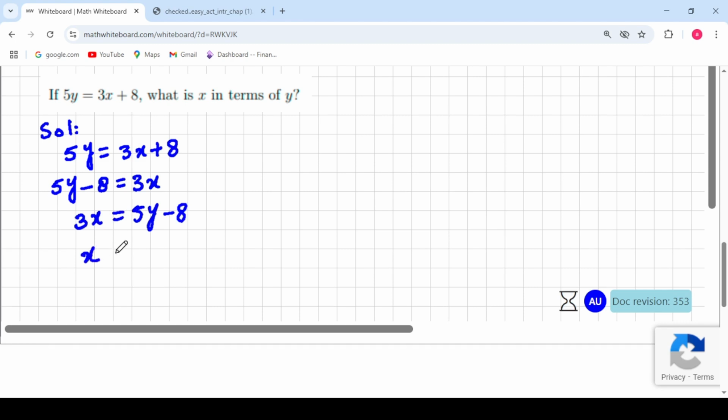So we will place x here and 5y minus 8 as it is. So this 3, if we take this 3 to the right hand side, it is multiplied by x, so it will be divided here. So x in terms of y is x equal to 5y minus 8 divided by 3.